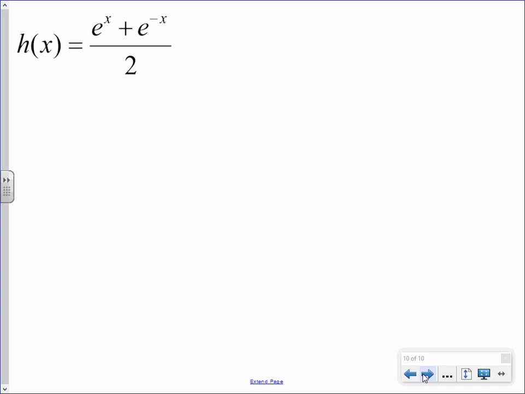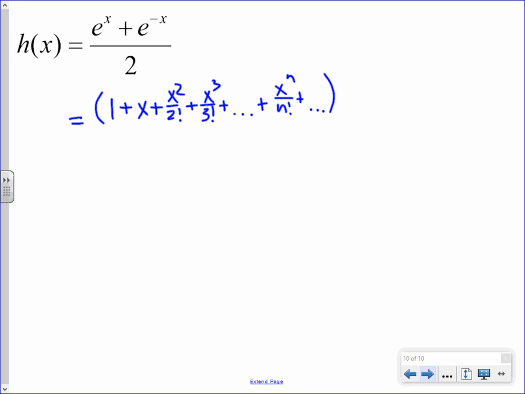So we know what e to the x is, right? We know e to the x is 1 plus x plus x squared over 2 factorial plus x cubed over 3 factorial, and so on. And we're going to add that to e to the negative x. Well, e to the negative x, we just plug negative x in.